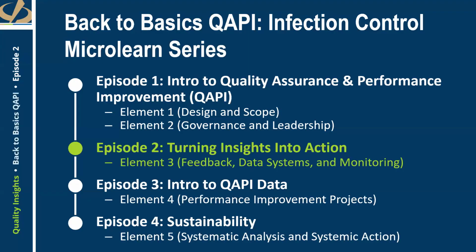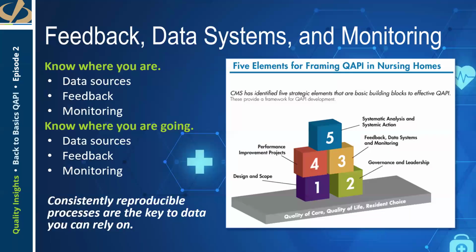Although today's episode can stand alone to focus your attention on feedback, data systems, and monitoring, the series itself speaks to all 5 of the essential elements of a strong QAPI plan. Improving quality begins with consistent and reliable processes, and that is the heart of Element 3.